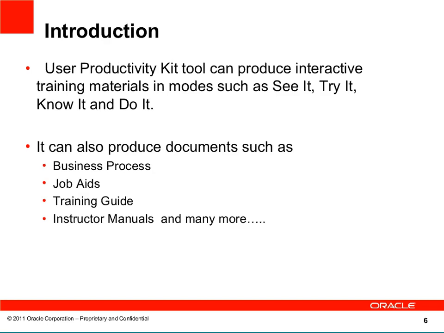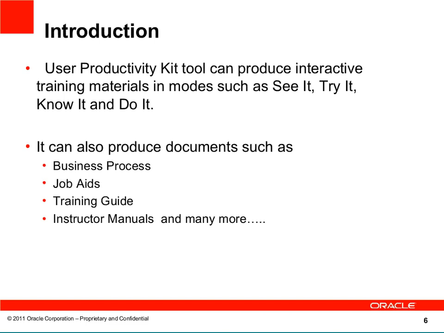So what is UPK, User Productivity Kit? It is a training software that has the capability to create documentation, training and support materials. The software can take a series of screenshots of each step in a transaction. The users can then view the steps using different modes, such as See It, Try It, and Know It.